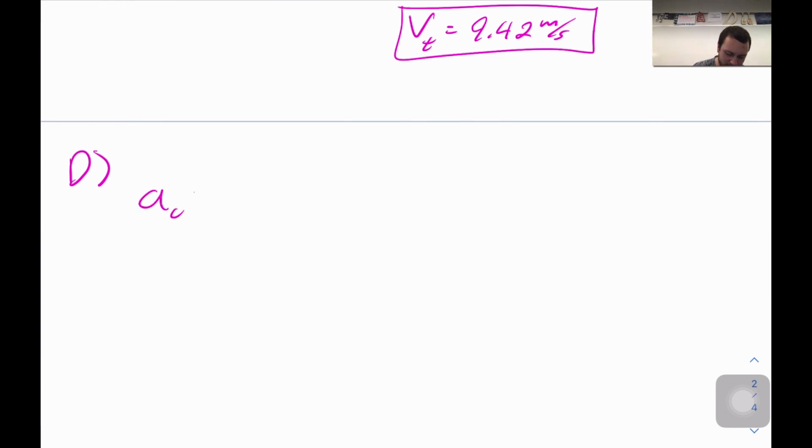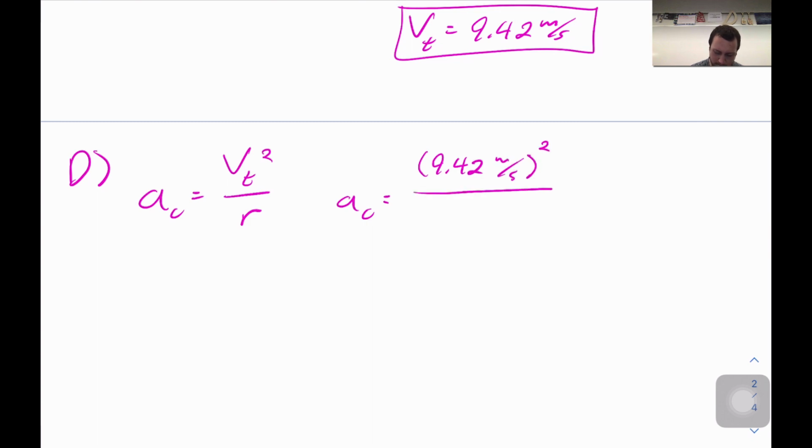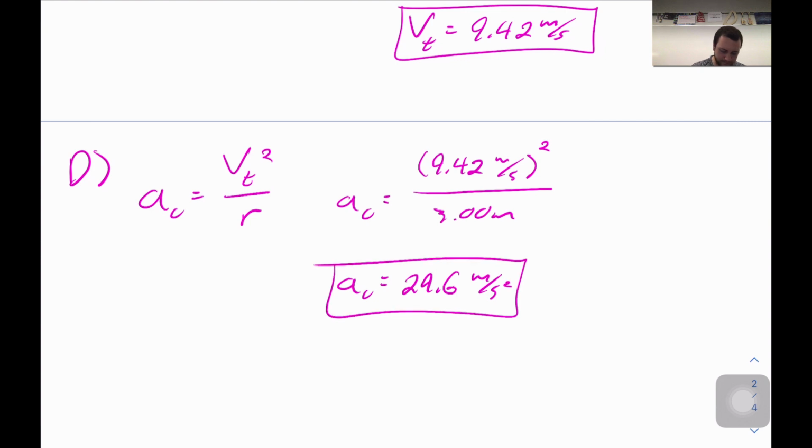So we use our new tangential velocity of 9.42 meters per second, and we need to square that, divide that by our radius, which is 3 meters. And our centripetal acceleration will work out to be 29.6 meters per second squared. That is what we end up seeing for our values here.